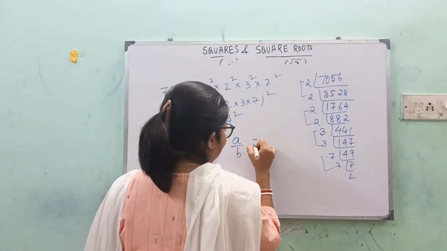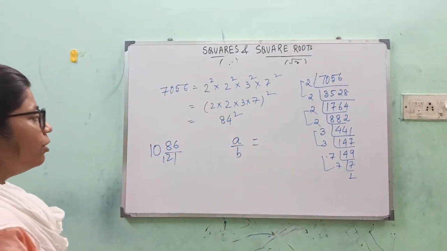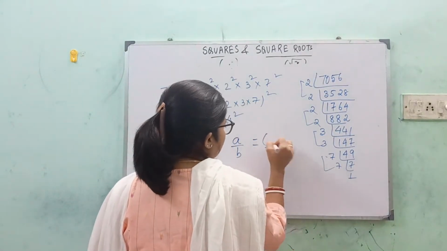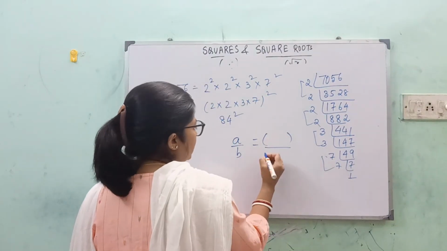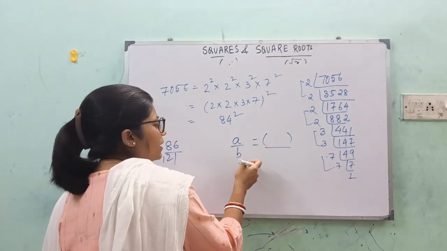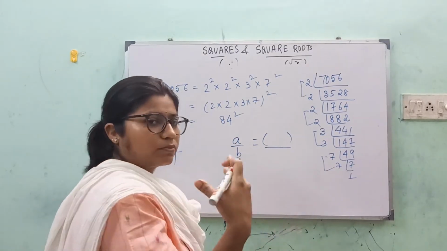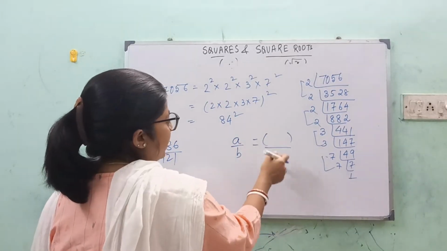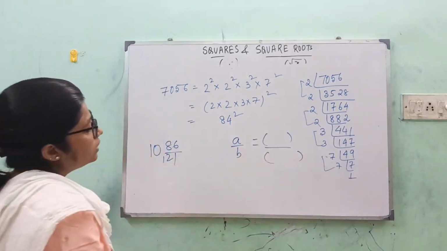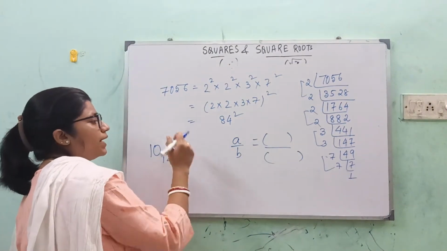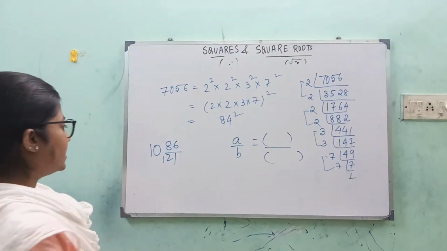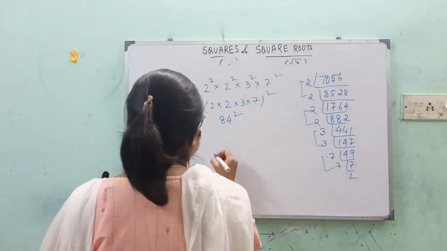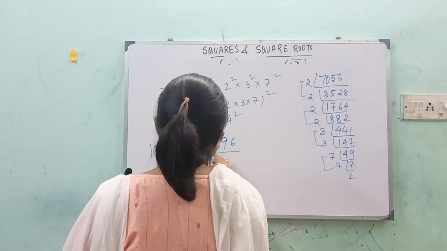If you can express the numerator in the form of a product of pairs of equal prime factors, and you can express the denominator also in the form of a product of pairs of equal prime factors, then you can easily find the fraction whose square is the given fraction. For example, this sum. If you convert this mixed number into an improper fraction, you will get 1296 by 121.